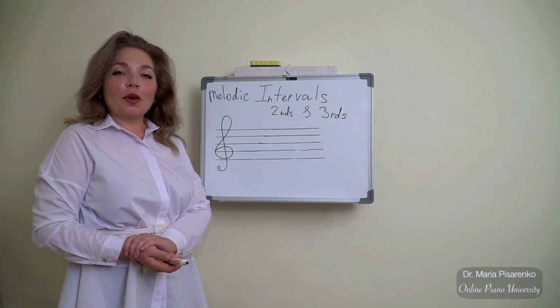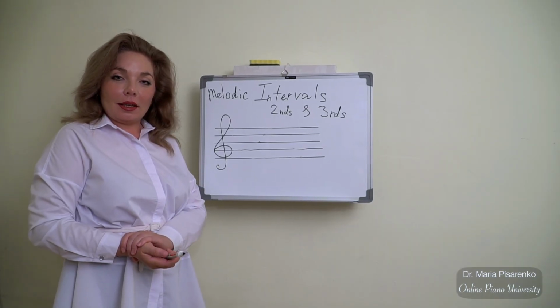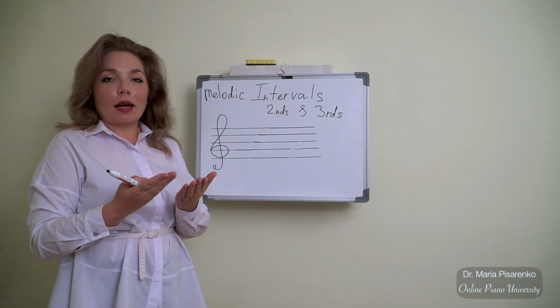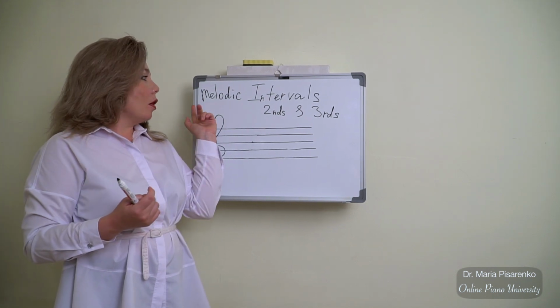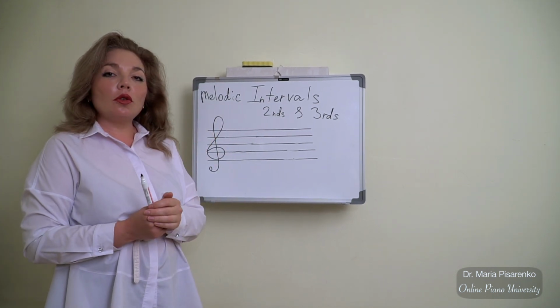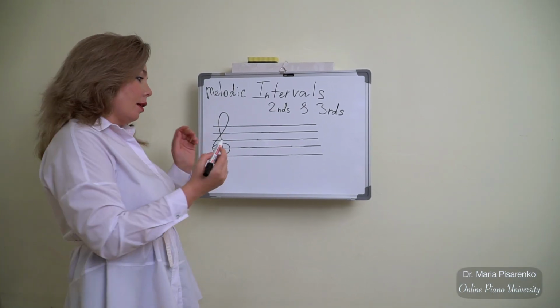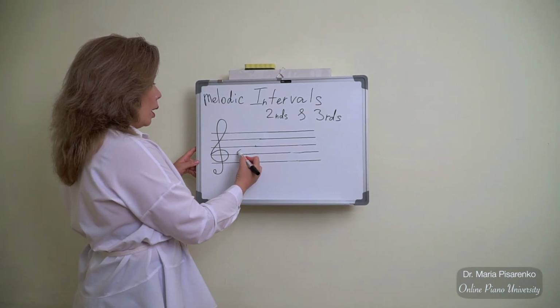Now guys, you know what a second and a third is. Let's talk about how you can use the sounds. The term melodic interval is used when you play the sounds one after another. Let's look at the example.